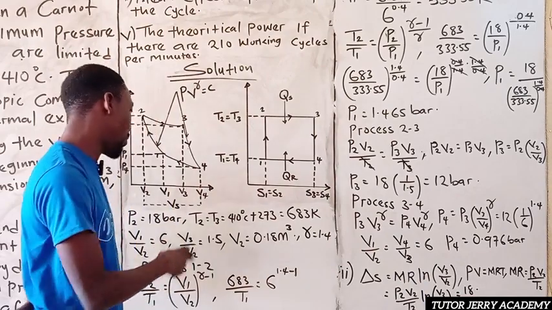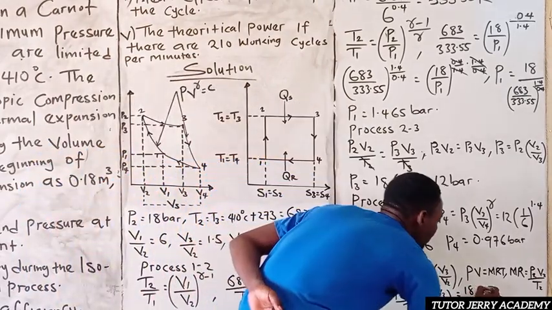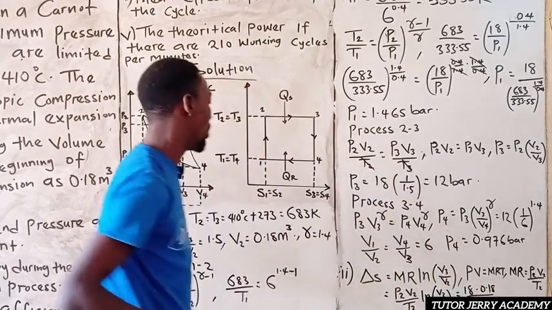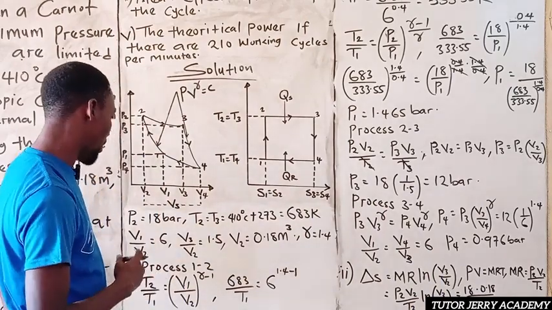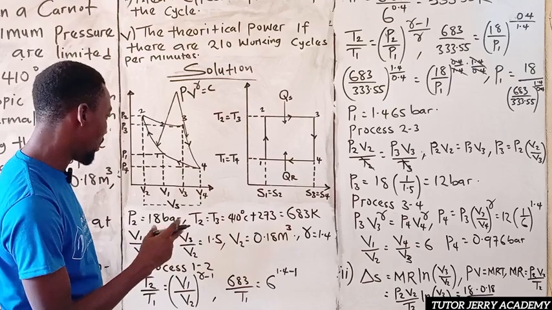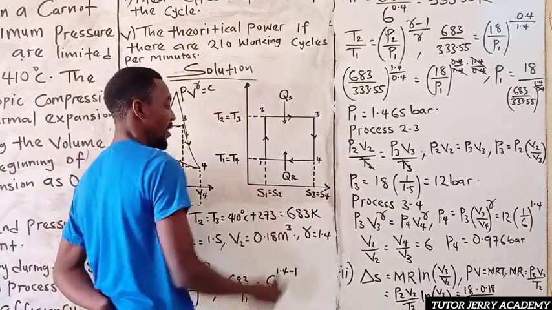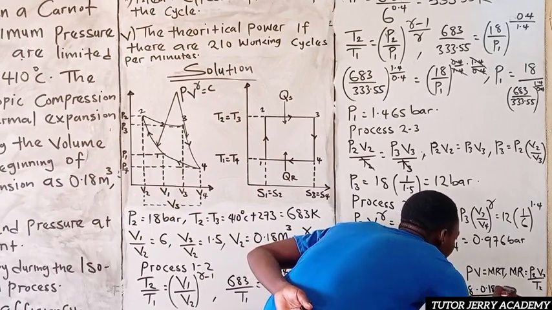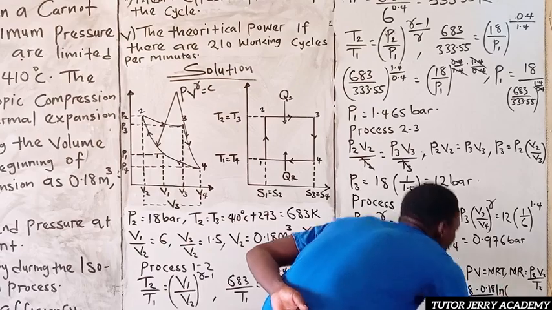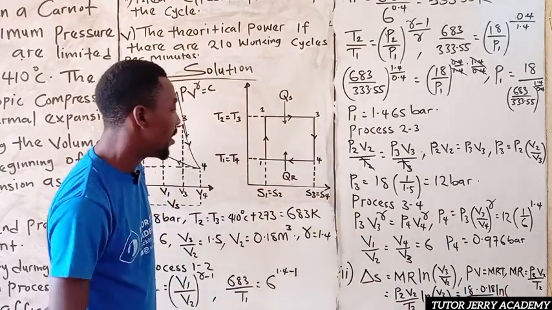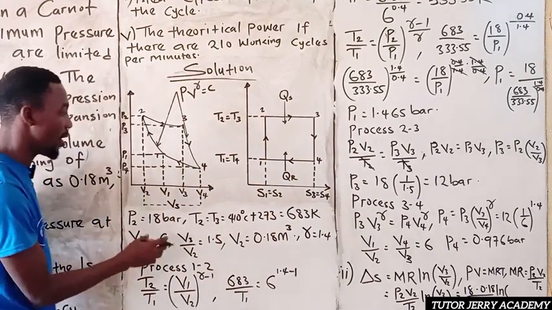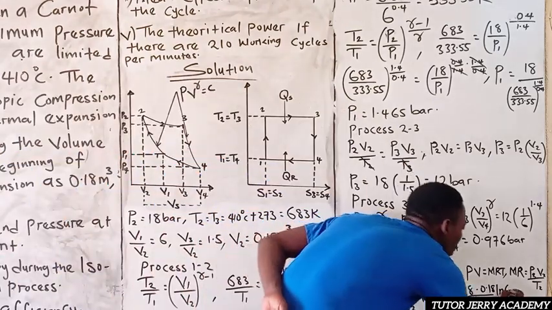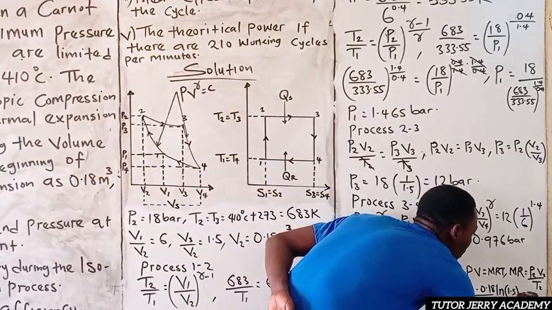What is V2? 0.18, all over T2. What is T2? T2 is nothing but 683, ln of V3 over V2. But we already have V3 over V2 here, which is 1.5. So this is going to be 1.5. So you close your bracket.